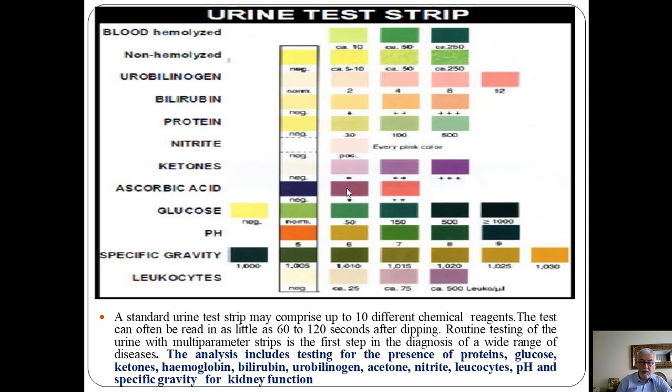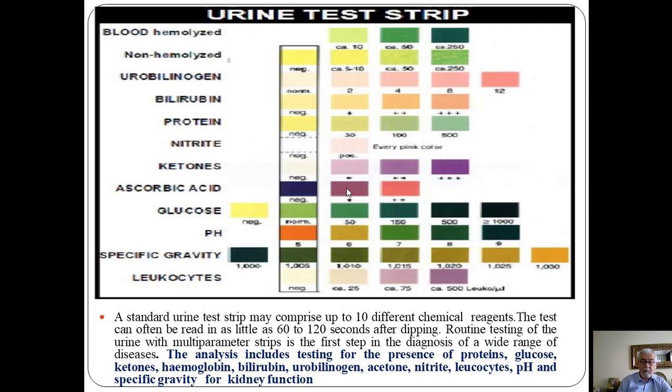Also, routine testing of the urine with a multi-parameter strip is the first step in the diagnosis of a wide range of diseases. After that, you can match some problems or see some problems. Also, you can check other tests such as creatinine clearance and proteinuria and so on.